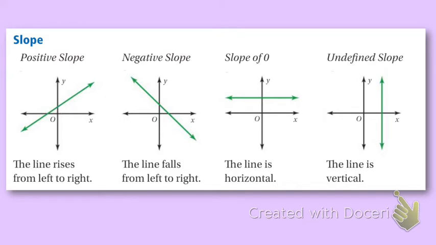So what side do we always start on the line? The left. So here's my runner Tom, he's on the left. As Tom moves along that trail, where's he going? Up or down? So this is a what kind of slope? Positive.